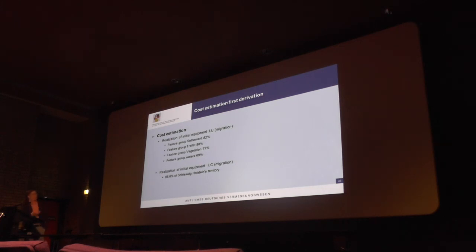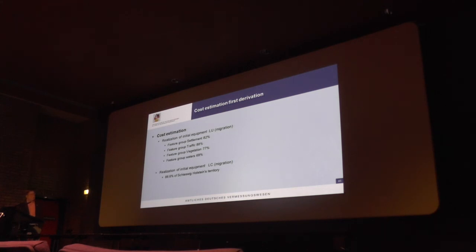When we have done the cost estimation, so we have all the data and we have to migrate it. And the question is how expensive this is. For the land use, we can migrate approximately 85% of the different groups. In the field of settlement, we have 82 groups we can migrate directly into our new model. For the water, there are 69. So roundabout 85% we can migrate.